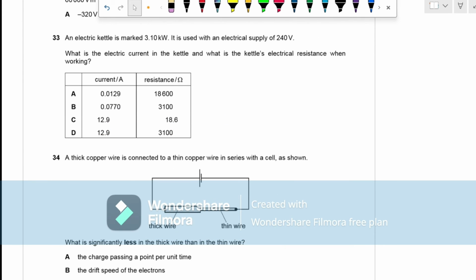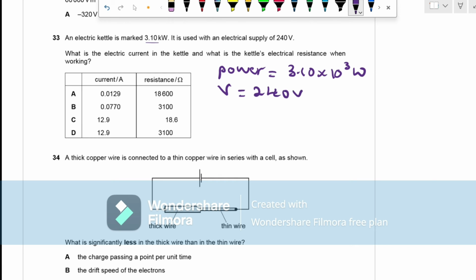Question 33, an electric kettle is marked 3.10 kilowatts and it is used with an electric supply of 240 volts. What am I given? I'm given power, so I start by writing what I'm given. Power is 3.10 times 10 to the power of 3 watts. Voltage V is 240 volts.